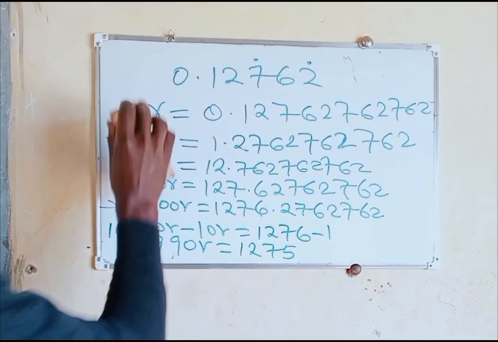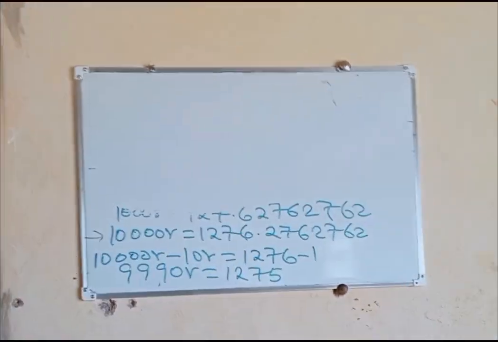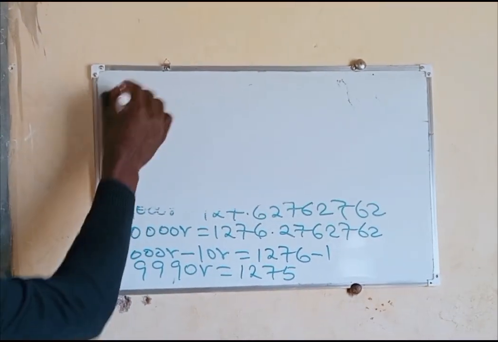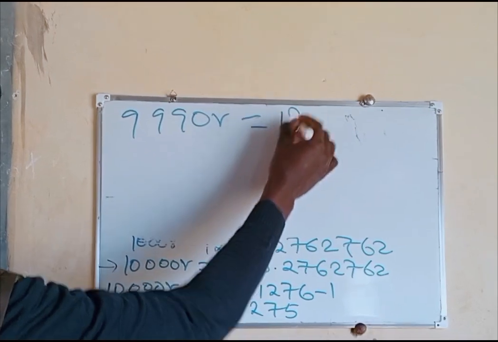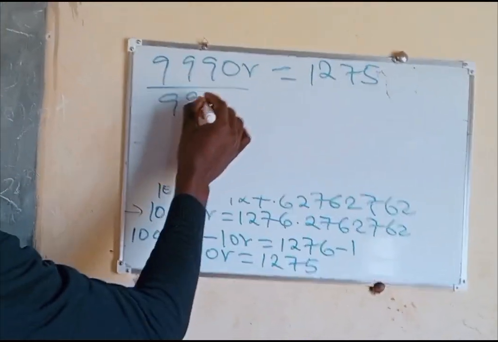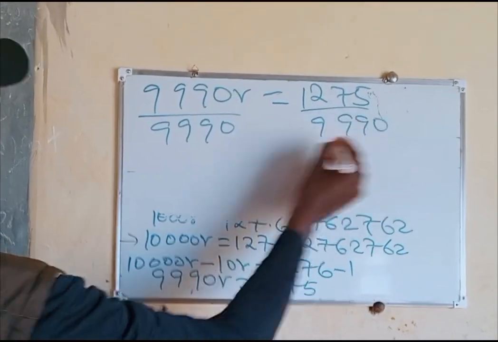We'll have to take this now, if you allow me. I bring that up there. That now means I'll be having 9,990R equivalent to 1275. We divide both sides by 9,990.